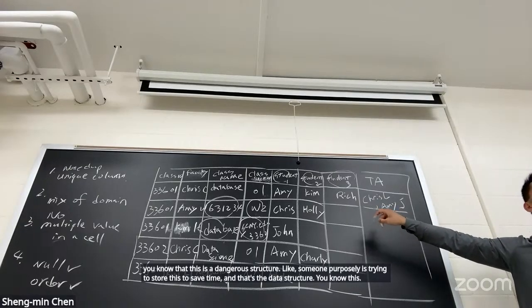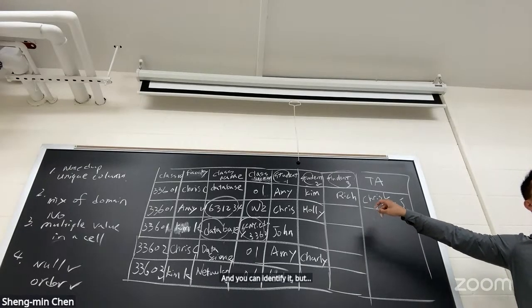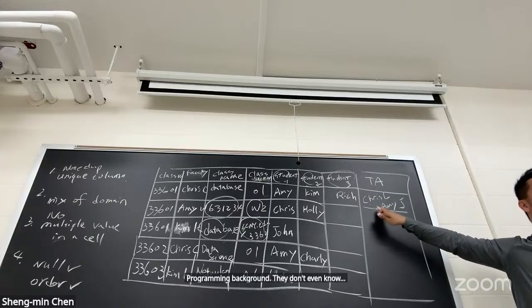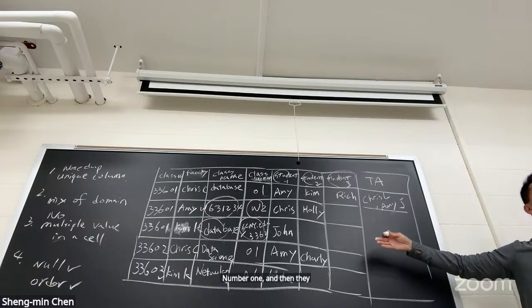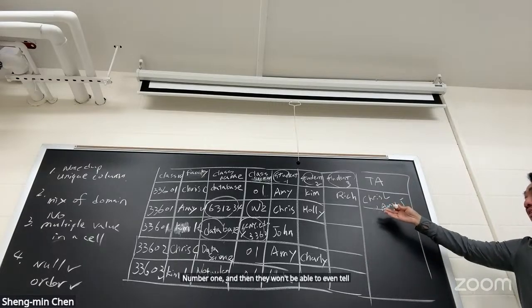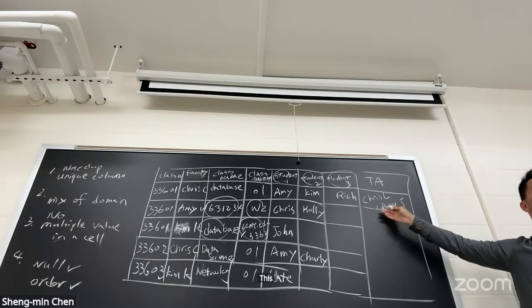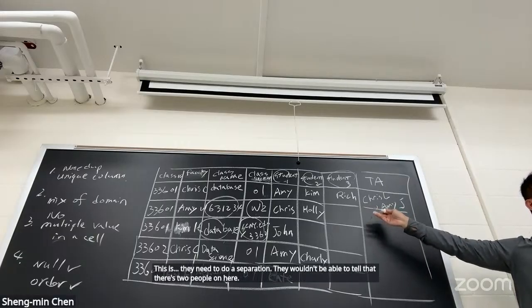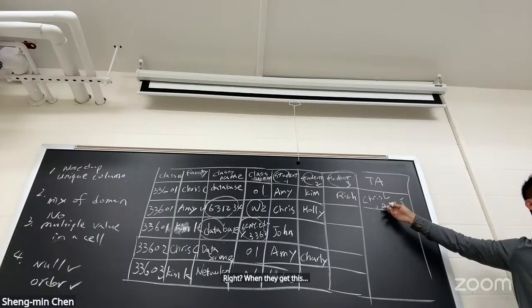You know this and you can identify the error, but someone who is not from a programming background doesn't even know what this means. They won't be able to tell that they need to do a separation. They wouldn't be able to tell that there are two people in here when they get this column or this cell, understand?